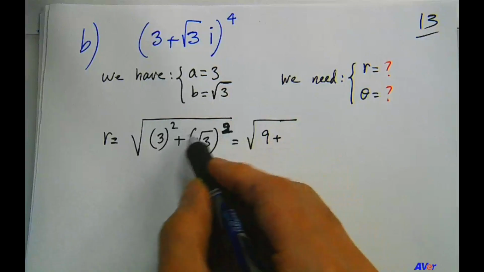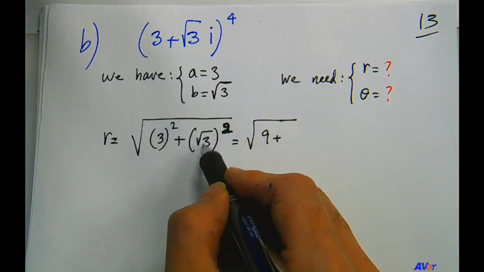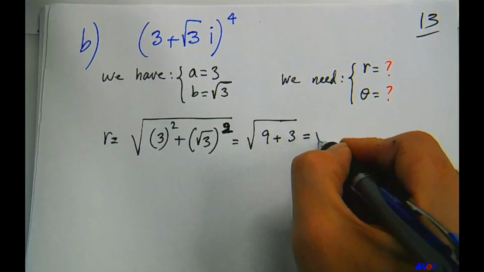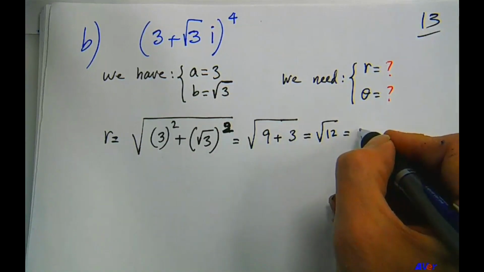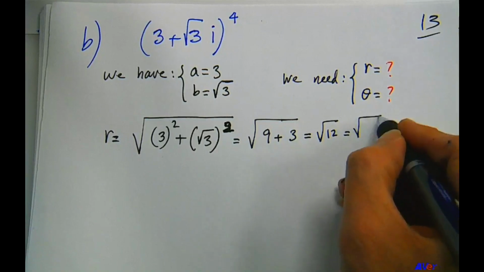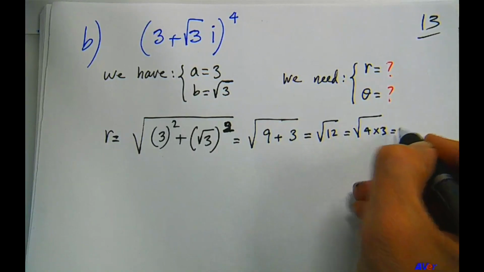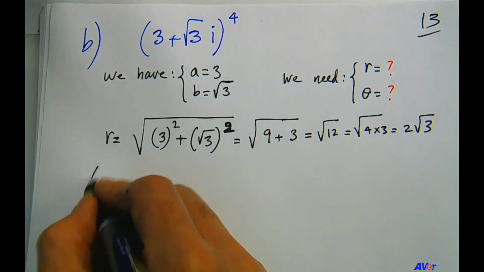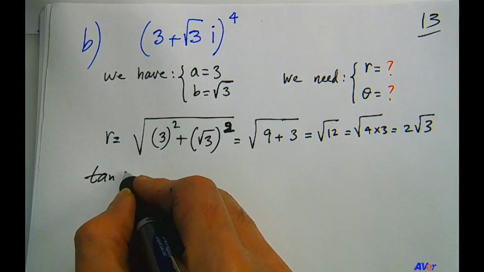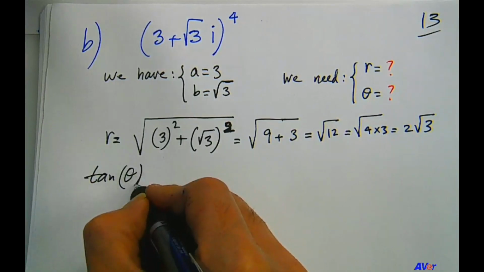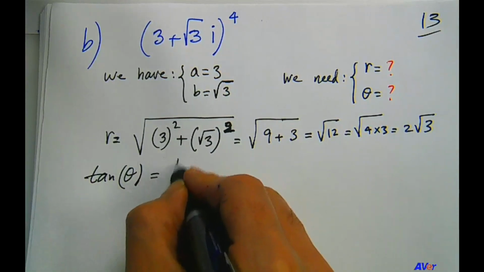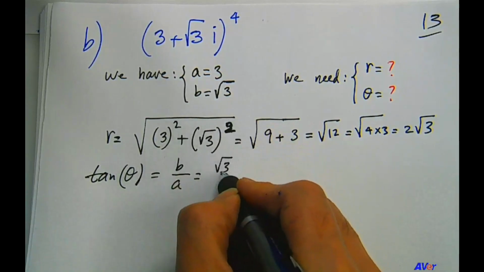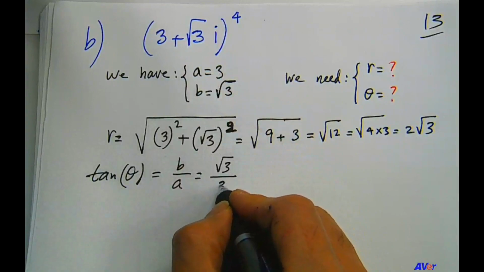Okay, so 3 squared is 9, square root of 3 squared is 3, and then we have square root of 12, that's 4 times 3, which is 2 times square root of 3. Okay, tangent of theta is equal to b over a. Remember that? So square root of 3 over 3.